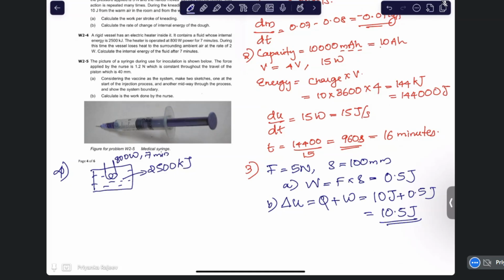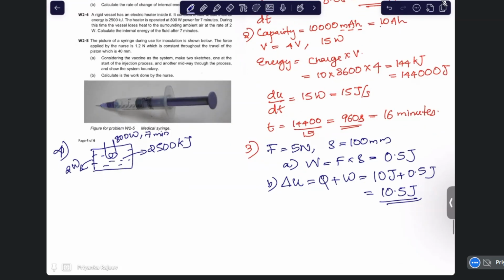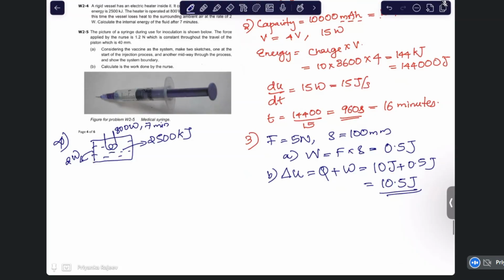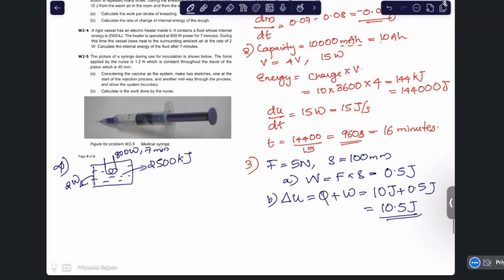During this time the vessel loses heat to the surrounding ambient air at the rate of 2 watt. So we have to calculate the internal energy.